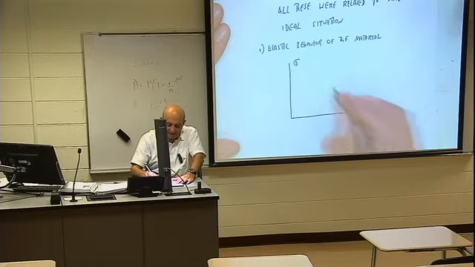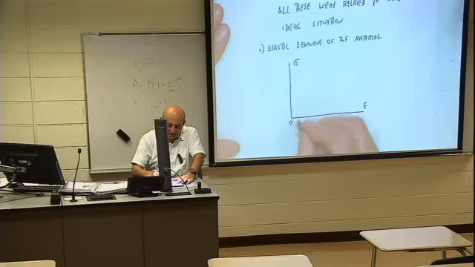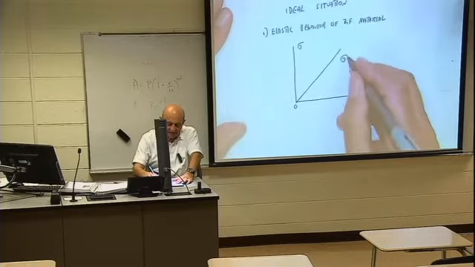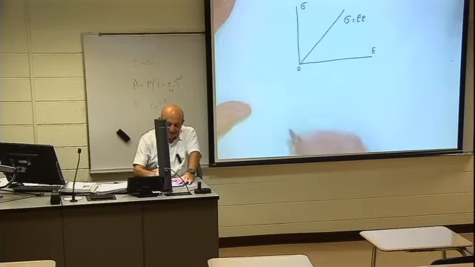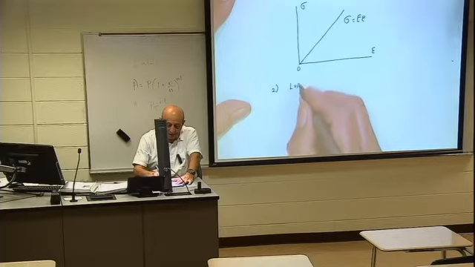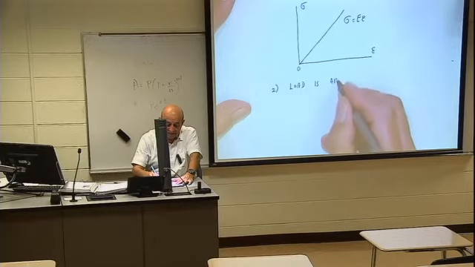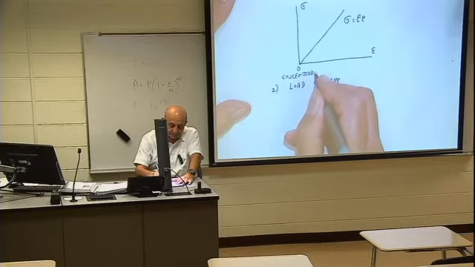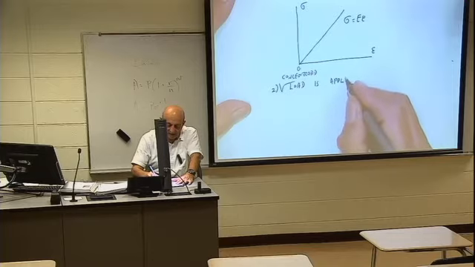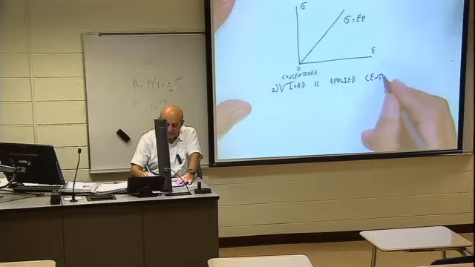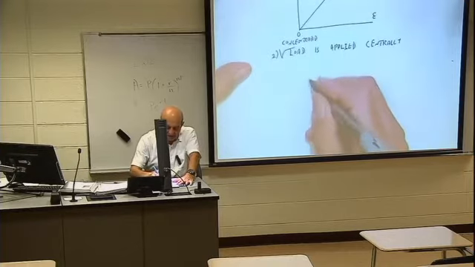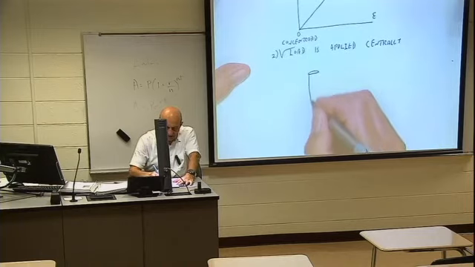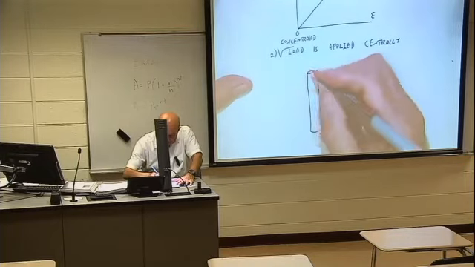Sigma epsilon linear behavior, so sigma equals E times epsilon. Second, the concentrated load is applied centrally. What does it mean centrally? I have a beam, let's say circular cross-section. Then the load is applied in the center.